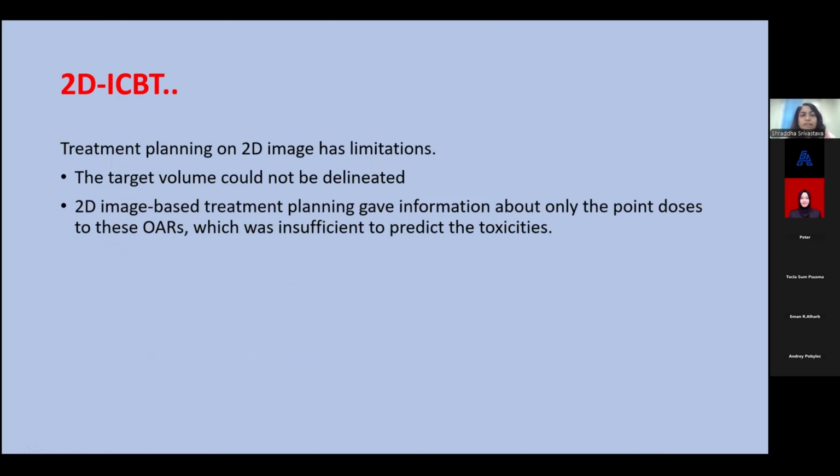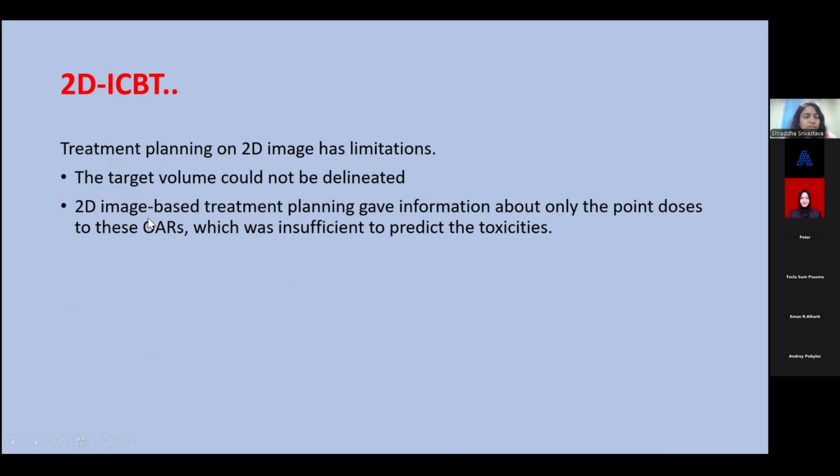But there are limitations of two-dimensional ICBT. The limitations are that the target cannot be delineated because it is based on orthogonal radiographs where we cannot appreciate the tumor volume. Secondly, since it is 2D-based treatment planning, only point doses can be visible.